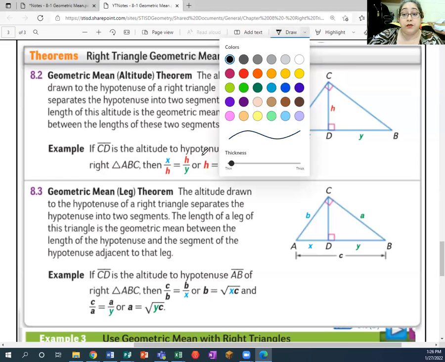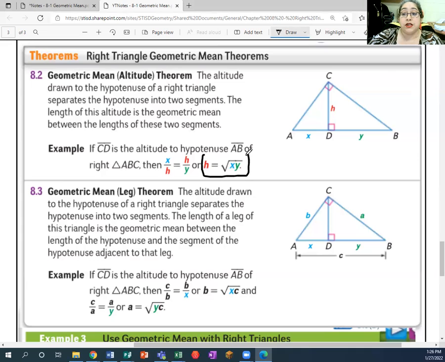Here is the formula we're going to use. Notice it's using that geometric mean setup, that the geometric mean is the square root of those two values multiplied together.